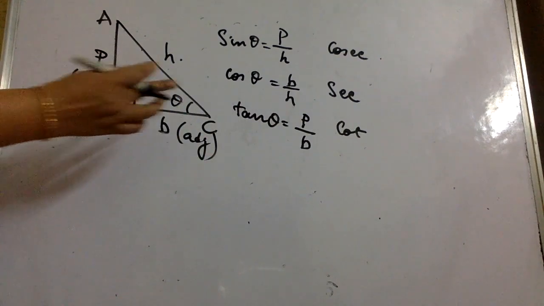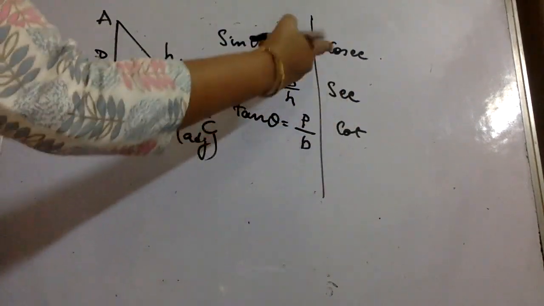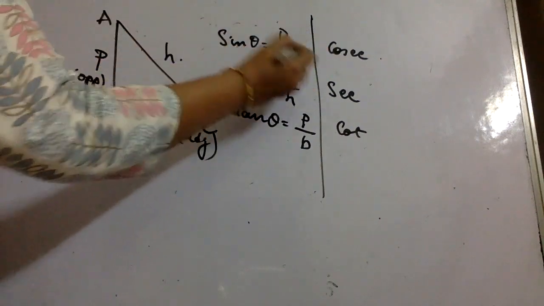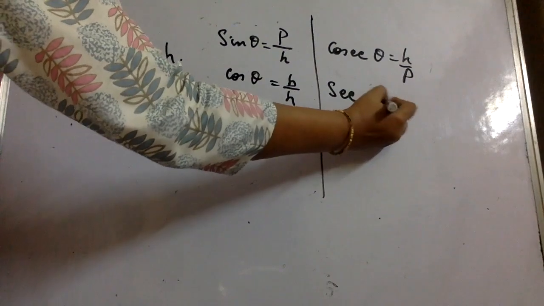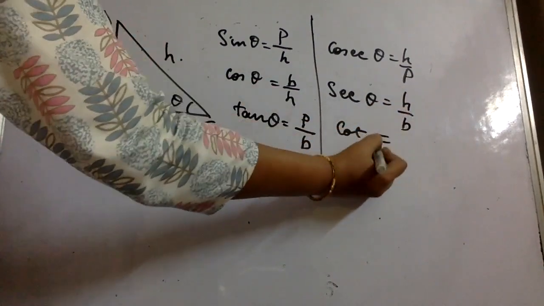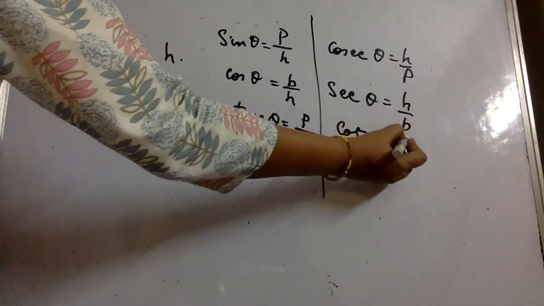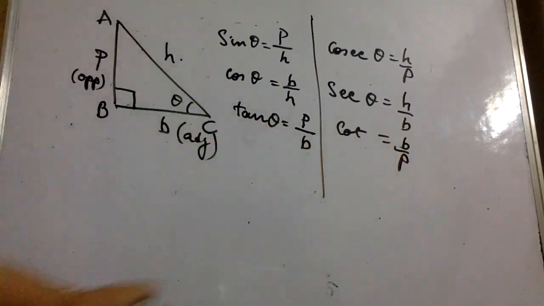Now these are nothing but reciprocals of these. So cosec theta is H by P, sec theta is H by B, and cot theta is B by P. So this is it.